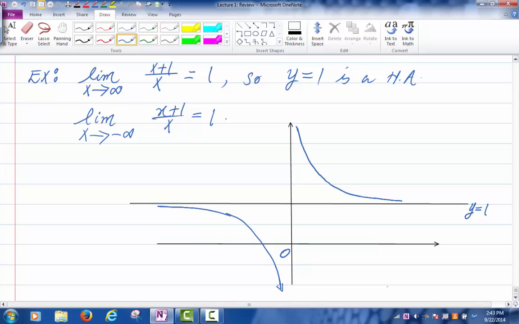So that's how the graph of this function looks. You can see that as x gets bigger and bigger, the value of the function is getting closer and closer to 1. Same thing happening here: as x gets large and negative, the value is getting closer and closer to 1. Is everybody okay with that?